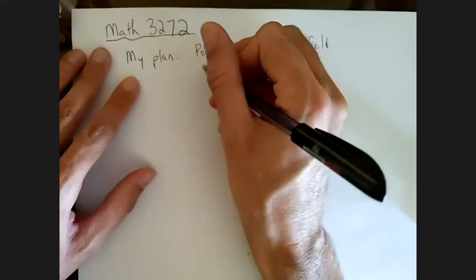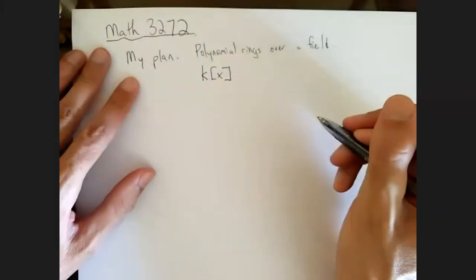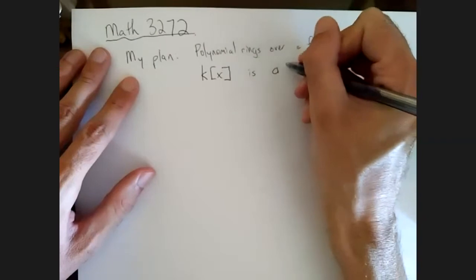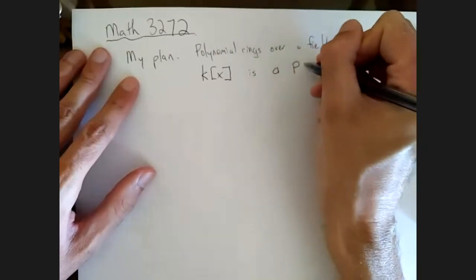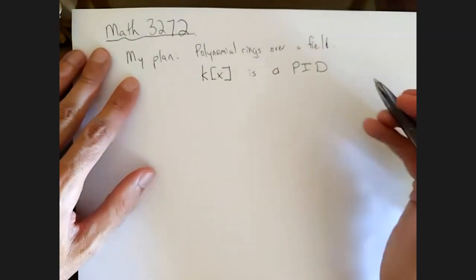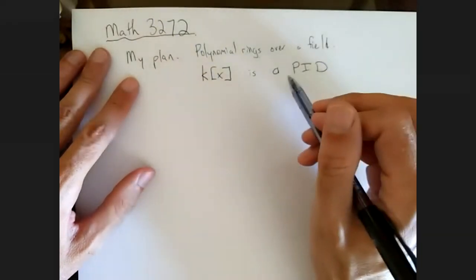We usually write it like, if K is a field, K of X. We want to know that K of X is a principal ideal domain, which we'll call a PID. Meaning, if you have an ideal in this ring, it is automatically principal.